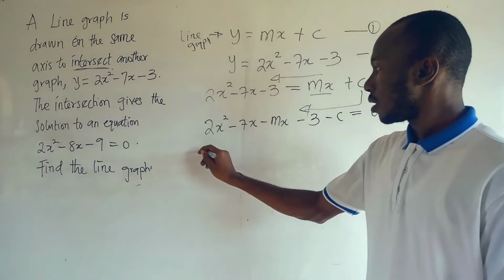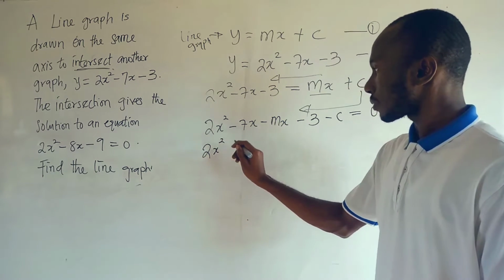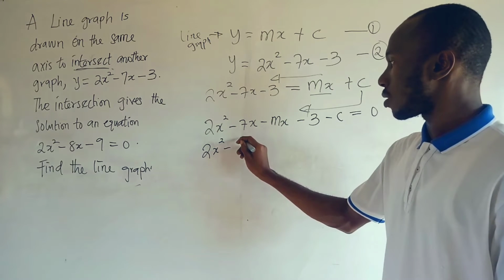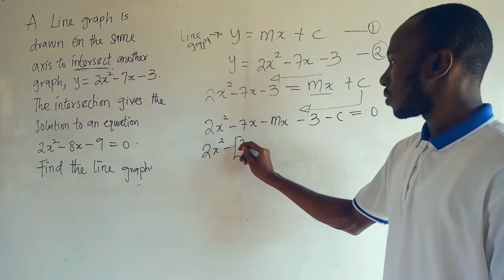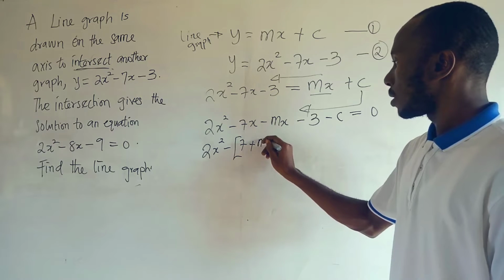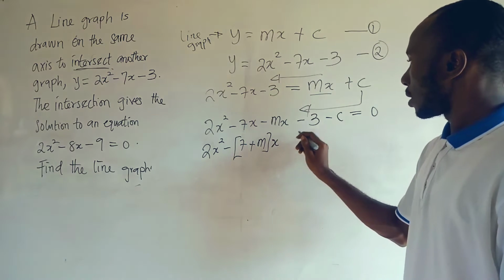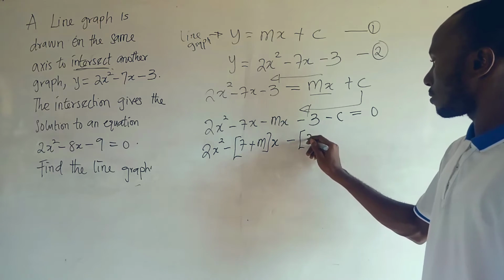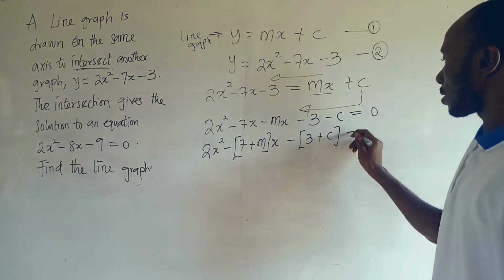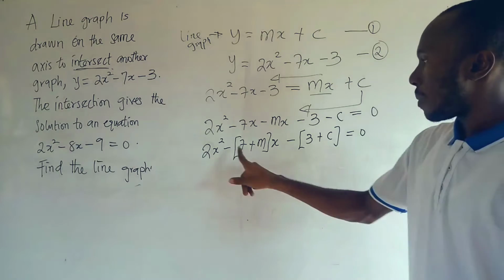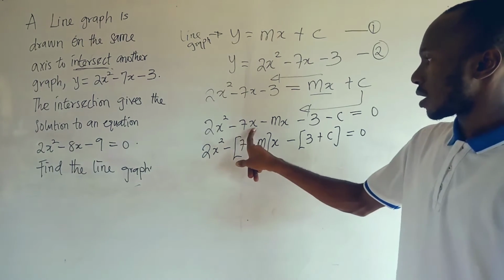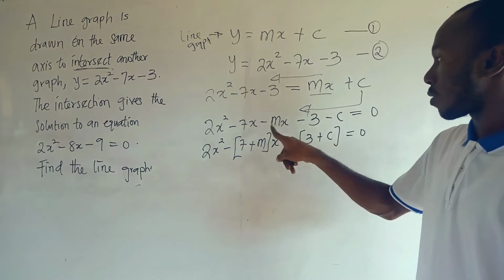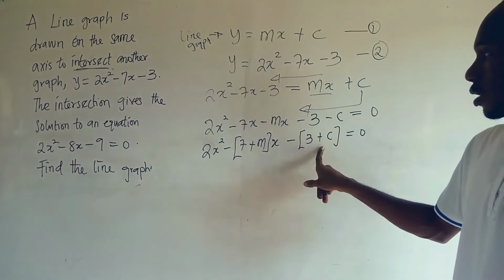So I'm left with 2x² - (7 + n)x. Then I'll factor out the negative sign here. I have - (3 + c) = 0. As if to say minus times 7 times x will give minus 7x, and minus times n times x will give minus nx. The same thing goes for this one too.